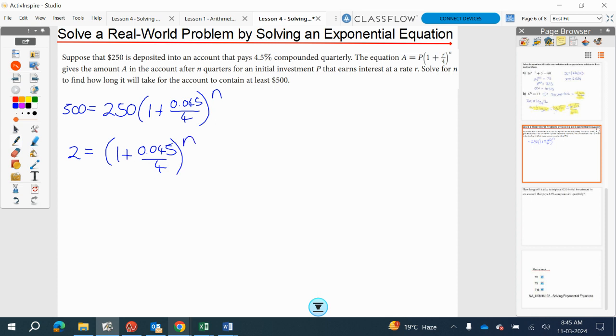Take logs of both sides. We don't want to be taking logs in this as our base now, do we? So we're much better off just taking natural logs. So ln 2 is equal to n times ln of 1 plus 0.045 over 4.